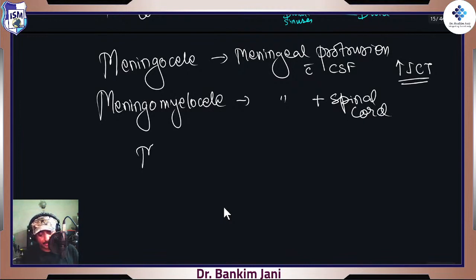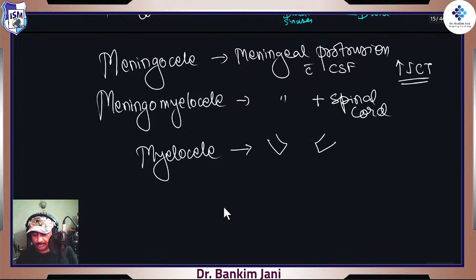When we say myelocele, this means that the spinal cord is open. It means those neural arches were like this, and straight away you see the spinal cord. This is an open spinal cord.